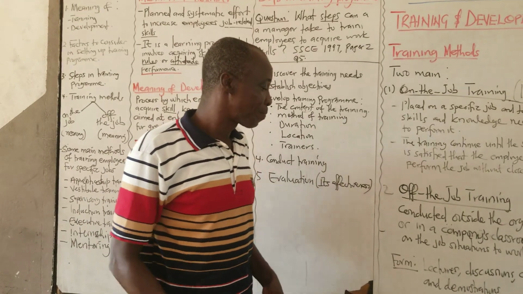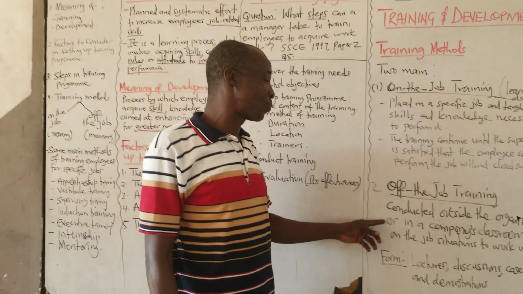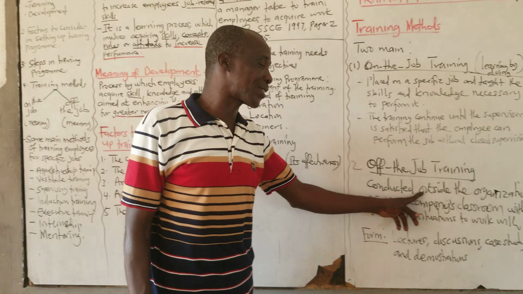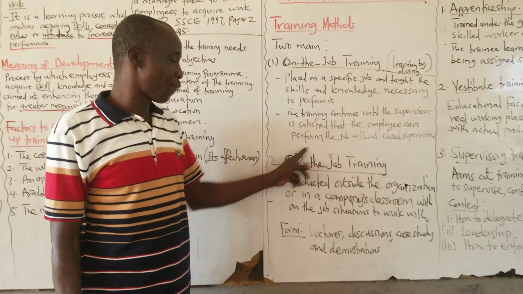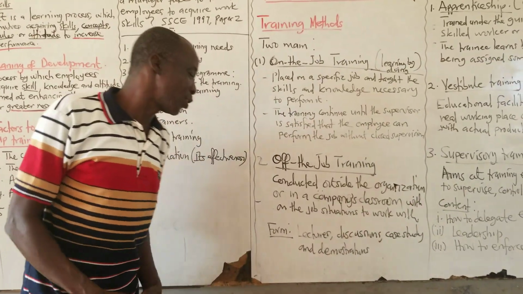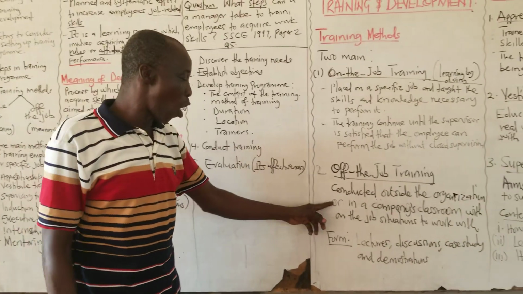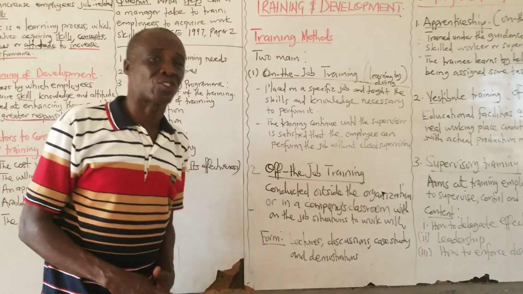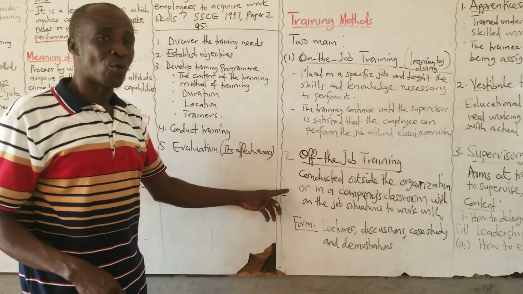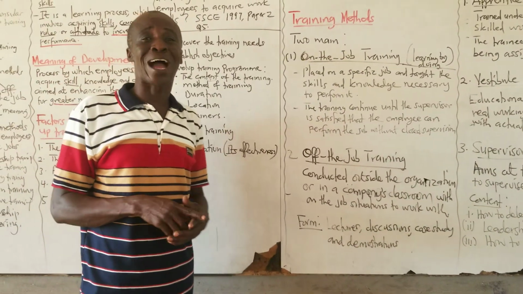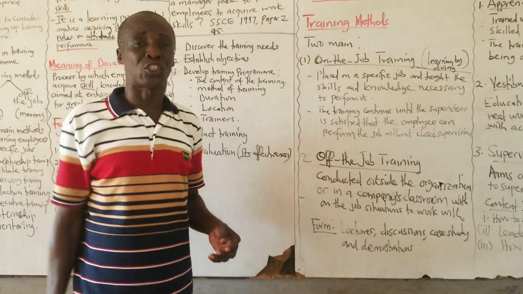So I said off the job training is conducted outside the organization, or in a company's classroom. When you go to the classroom, you have an on the job situation.